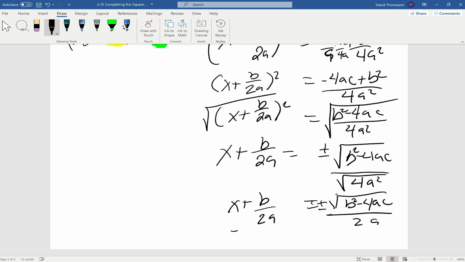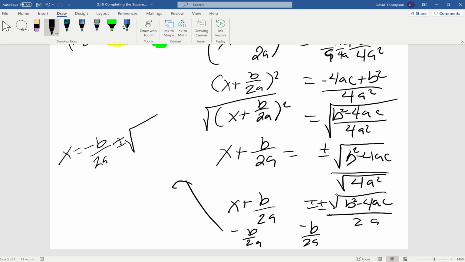Now we just subtract the b over 2a. We have x equals negative b over 2a plus or minus square root b squared minus 4ac all this over 2a.